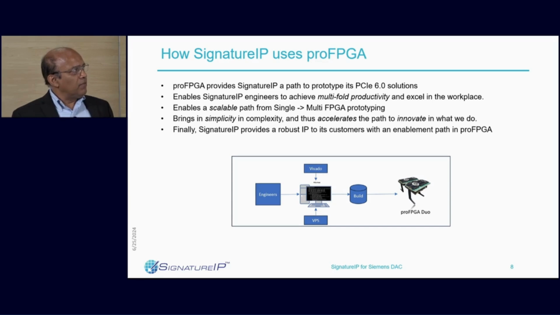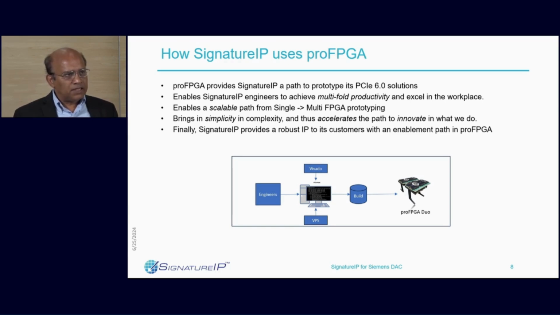So that is where we come in, and whatever we have done with the Pro FPGA platform enables the Signature IP engineers to achieve multifold productivity and excel in the workspace. This is pretty critical. You need to enjoy your workplace, what you are doing, and this is something we will provide together to you.